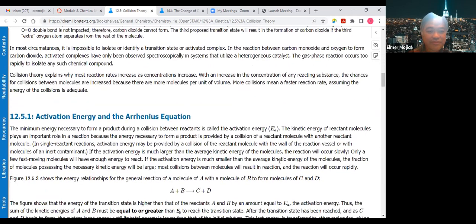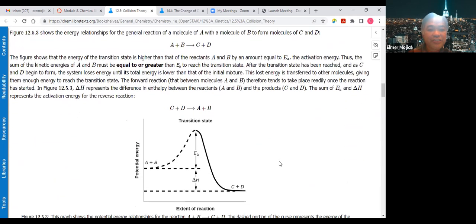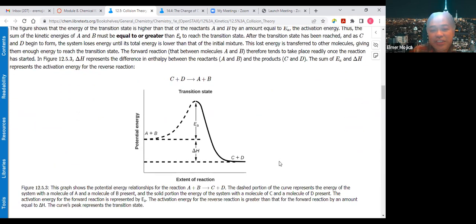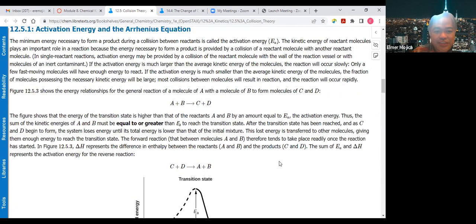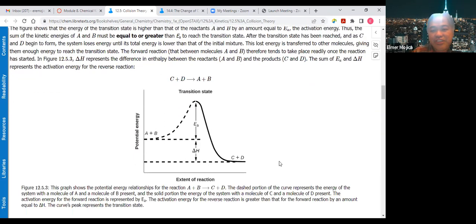Okay? Now, in this reaction, meron tayong tinatawag na thermodynamics. So for instance here, yung tinatawag na activation energy. So for a reaction to be successful, you have to overcome a hill na tinatawag nating activation energy. Okay? So in a forward reaction, the activation energy is this height. But in the reverse, ano yung activation energy natin?